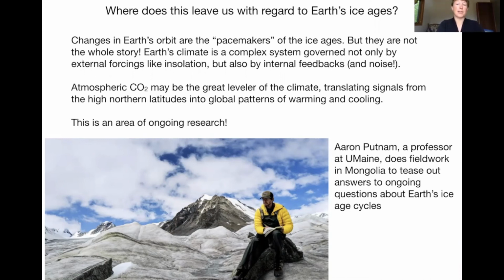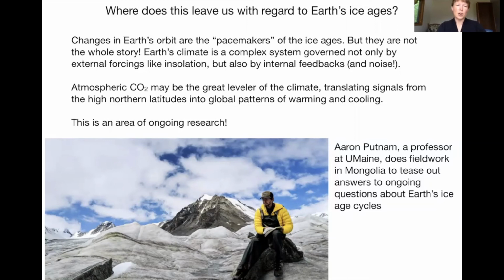And Meredith Kelly's work also really digs into this problem, that Earth's climate is a complex system, and we can't explain all of what happens with ice age cycles just by changes in insolation or incoming radiation. There's actually a lot going on with internal feedbacks, changes in circulation, and also just noise that affect Earth's climate system.